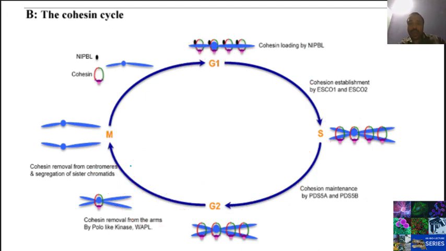Okay. After the G2 phase of the cell cycle, the cell reaches the M phase, and at that time the chromatin condensation begins.